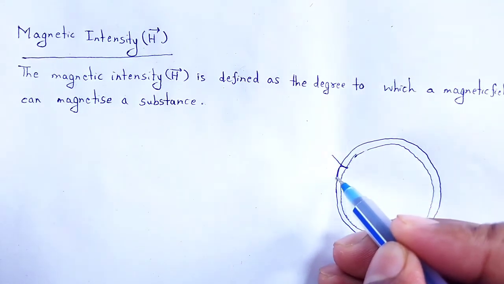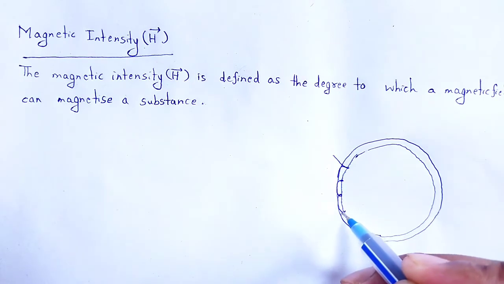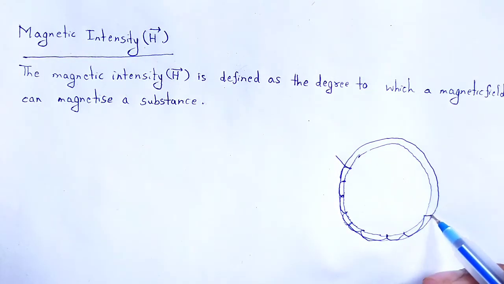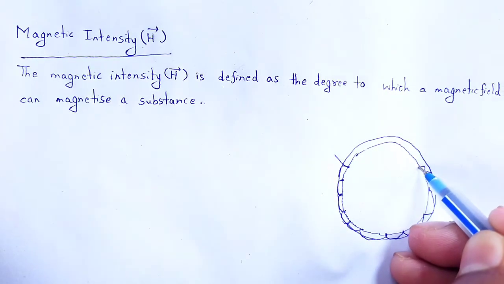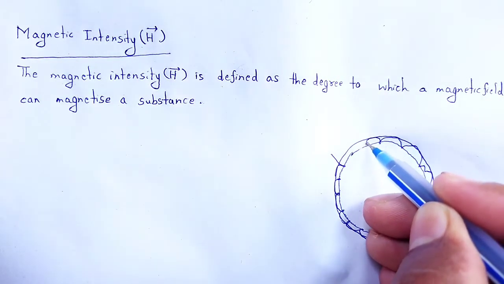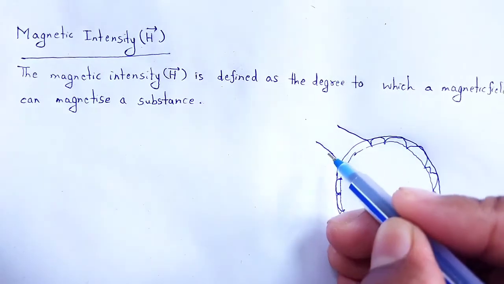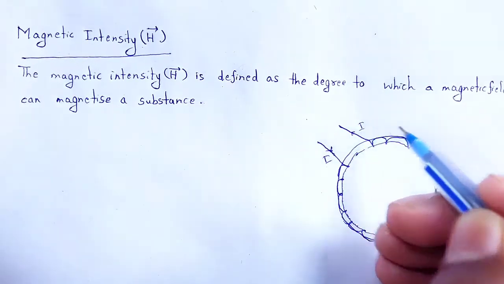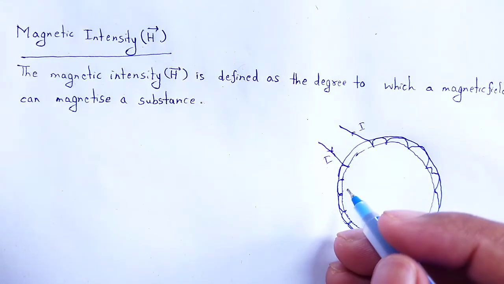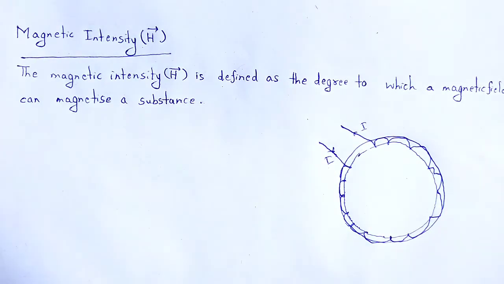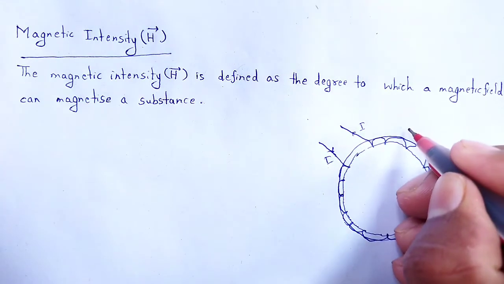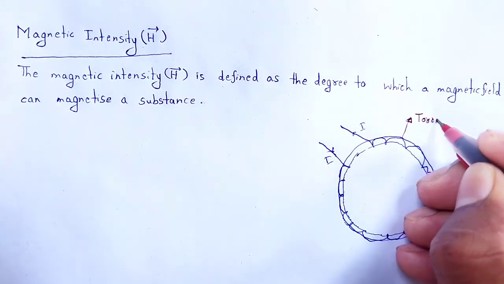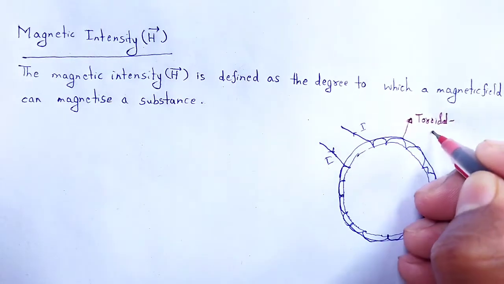There will be the coils, I amount of current entering, I amount of current exiting. That one is the toroidal solenoid.